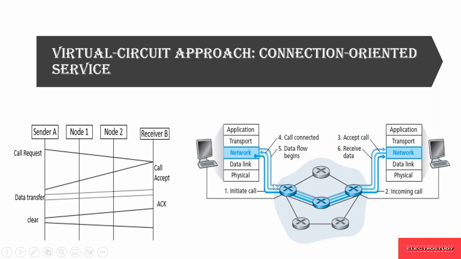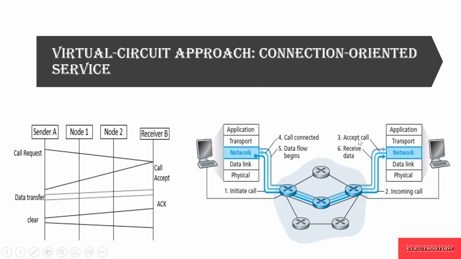You can see the pictorial representation of this circuit. From the network layer, the data is transferred from the client side to the server side. First, the client side initiates a call. Once the call is initiated, there is an incoming call at the server side. The server accepts the incoming call.